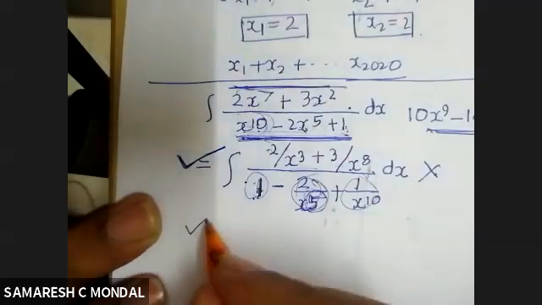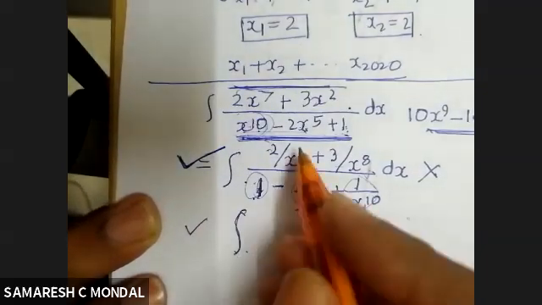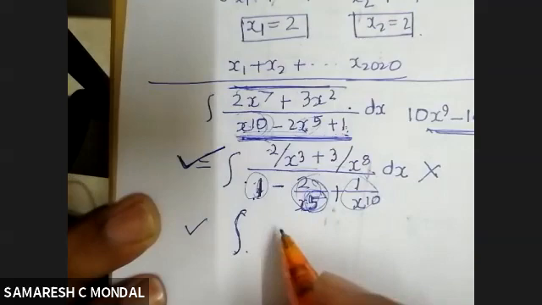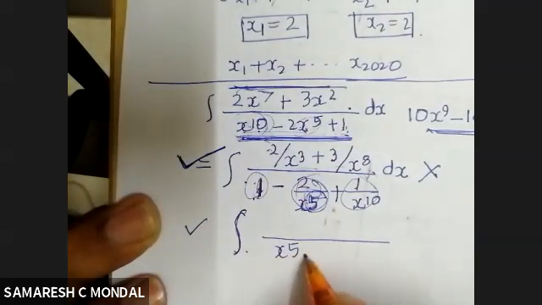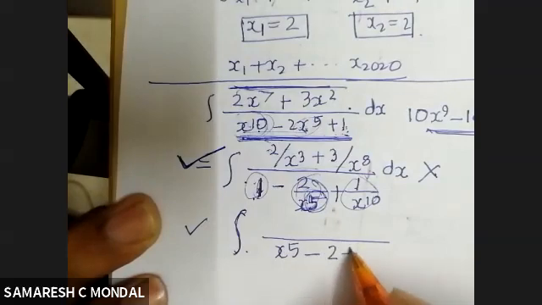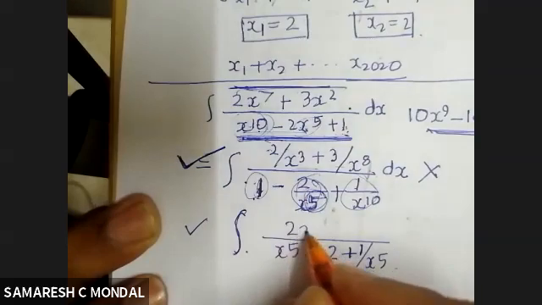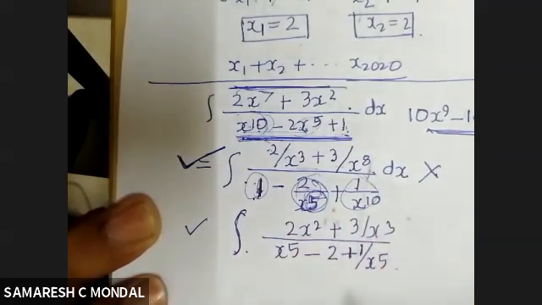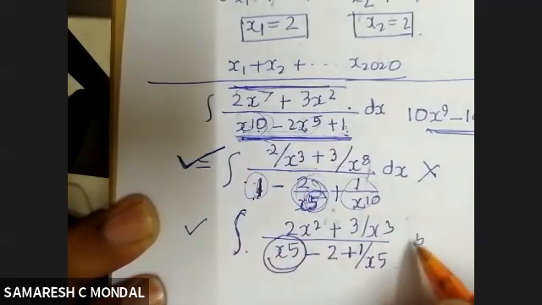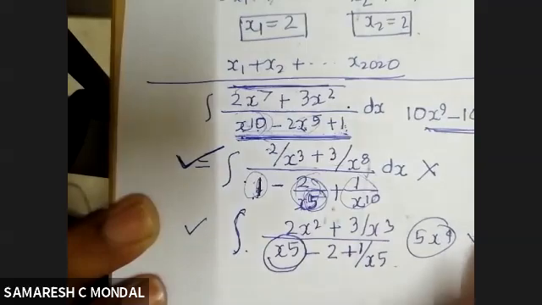Our brain tells us to divide by x to the power 5. If I divide by x to the power 5, you get x to the power 5 minus 2 plus 1 by x to the power 5, and 2x square plus 3 by x cube. Again, it doesn't work out because differentiation of x to the power 5 is 5x to the power 4. So this doesn't work out.